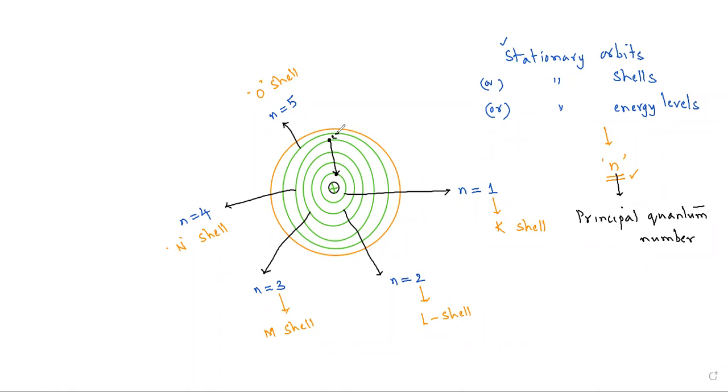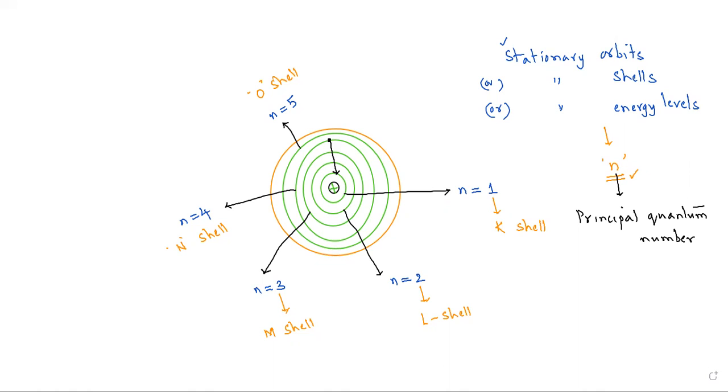So when an electronic de-excitation is occurring from this level to this level, in order to cope up with the energy of this level, it has to lose energy. It has to emit energy. Now, suppose if it is going from lower to higher, obviously to cope up with the energy of this, it has to absorb energy. So this is what I wanted to say.